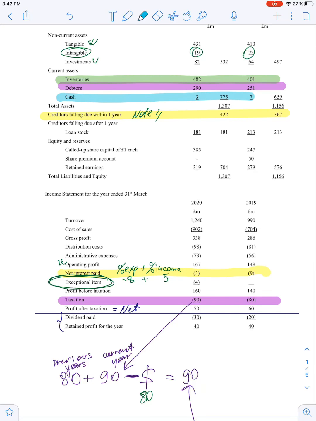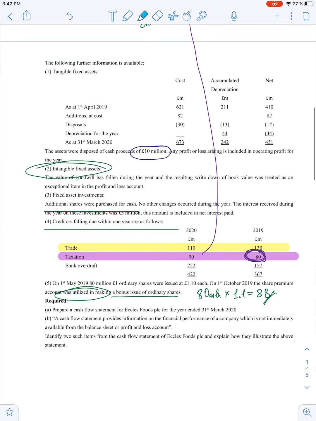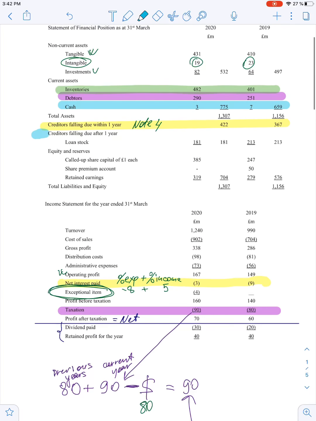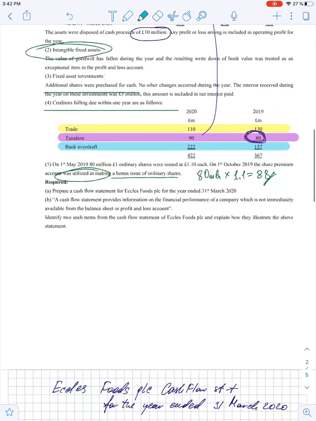We have the cash balance, positive balance of cash, cash in hand, of 3 and 7 as closing and opening respectively, and within creditors falling due after 1 year, in note 4 we have information about the bank overdraft. So we have to consider these two amounts. Bank overdraft at the beginning of the year was 157 and cash in hand was 7.